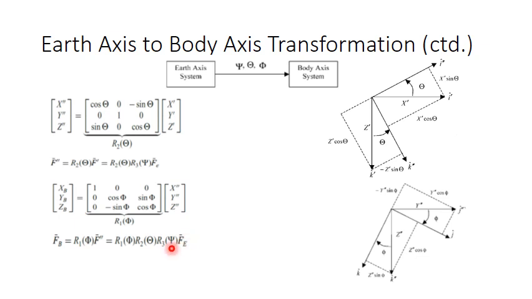This is the original components, and this is the way we transform a vector in the Earth axis system into the body axis system. Therefore, any vector in the Earth axis system can be transformed into the body axis system using the following transformation. F body equals R1 times R2 times R3 times the original components in the Earth axis system.